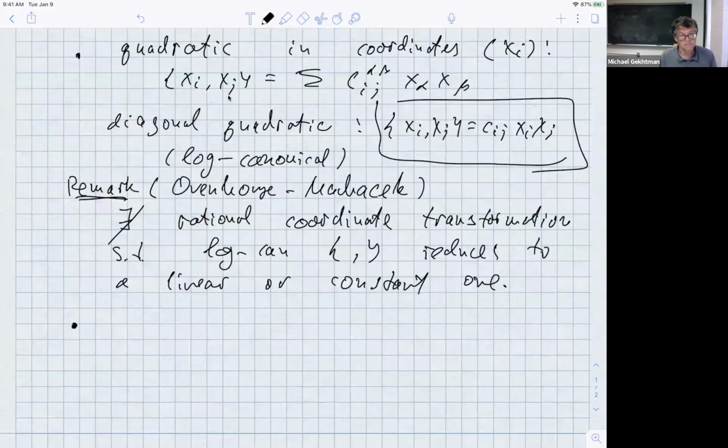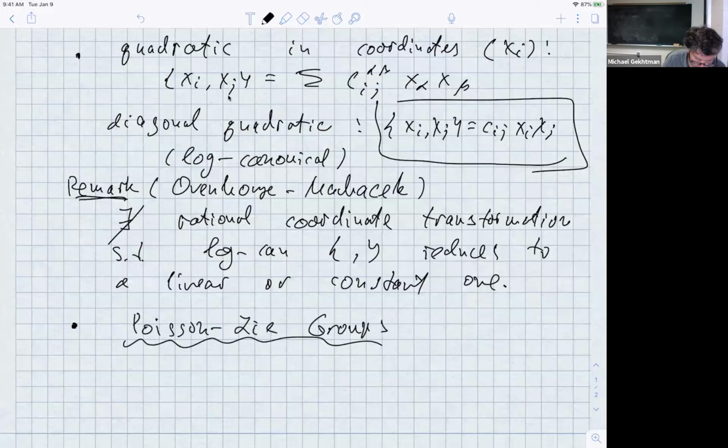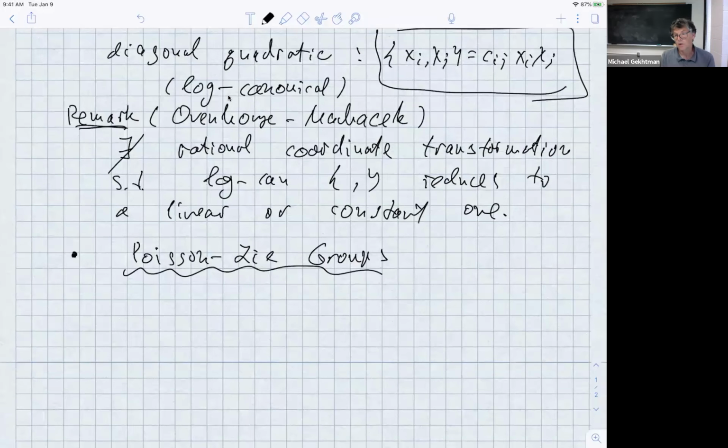All right. So okay, but on the other hand, there are plenty of not so simple quadratic Poisson brackets, and the one of most interest to us is the case of Poisson-Lie groups. So let me just briefly remind what it is. Again, I apologize if it's all well familiar, but I was told not to assume anything.